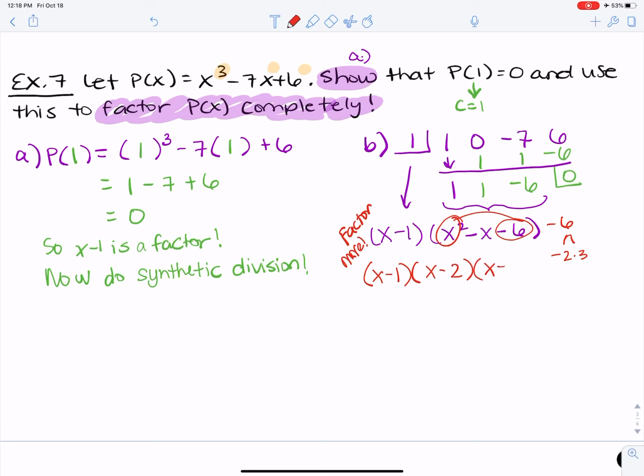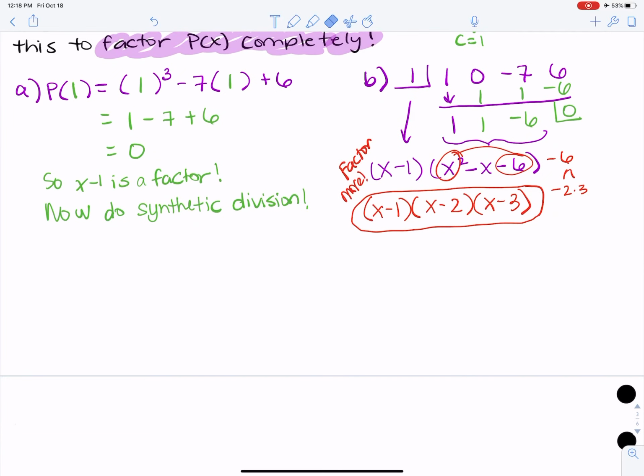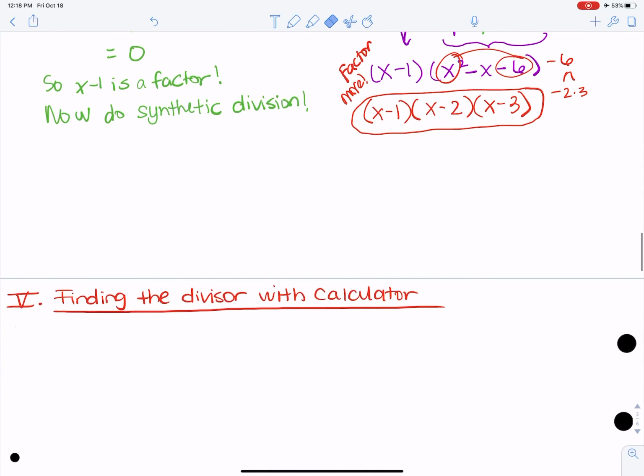All right, of course you'll be able to practice this in class. I have one last section, and the last section is the section with the most, but we can do it. The last section is finding the divisor with a calculator and then doing all the parts that I taught you how to do in the last video: finding the zeros, the y-intercept, the extrema, the end behavior, and graphing this bad boy.